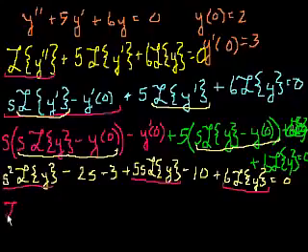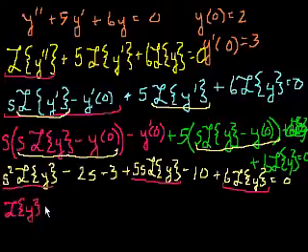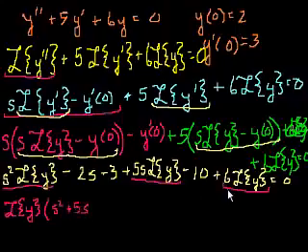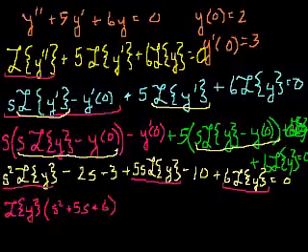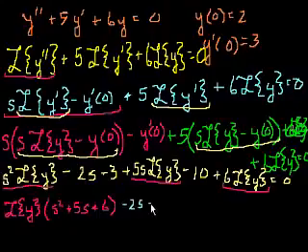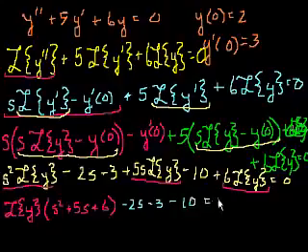So I get the Laplace transform of y, and that's good because it's a pain to keep writing it over and over, times s squared plus 5s plus 6. So those are all my Laplace transform terms. And then I have my constant terms. So I have minus 2s, minus 3, minus 10 is equal to 0.